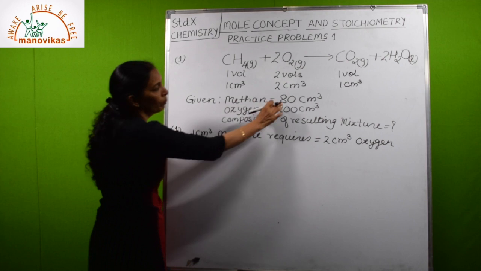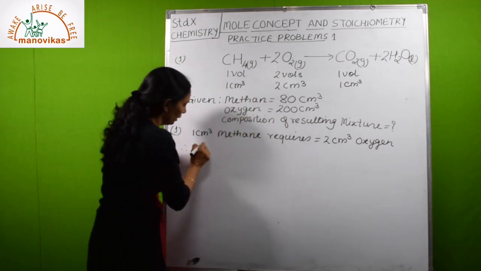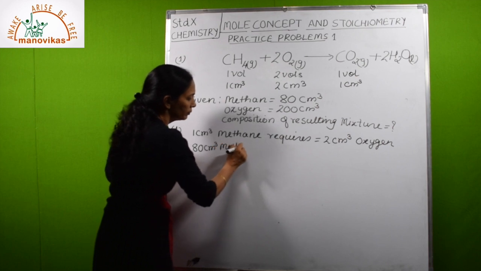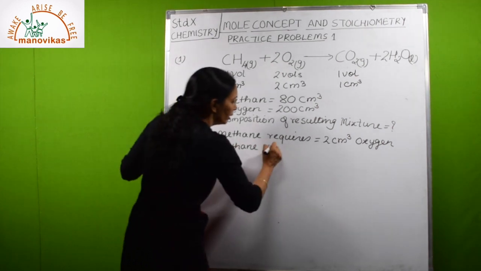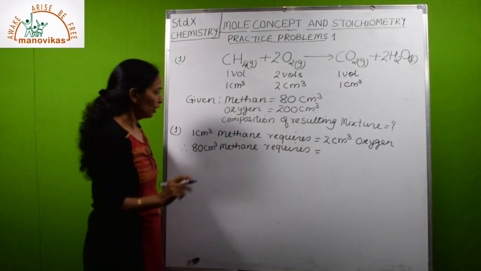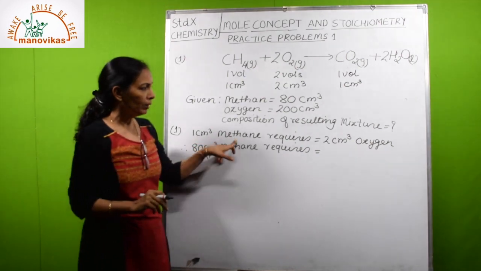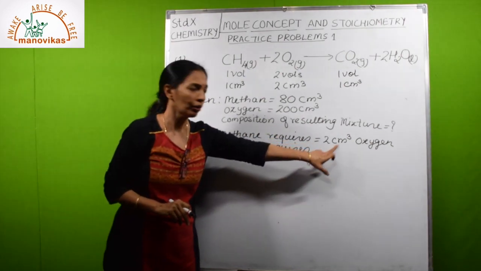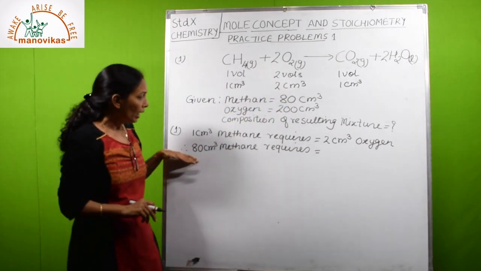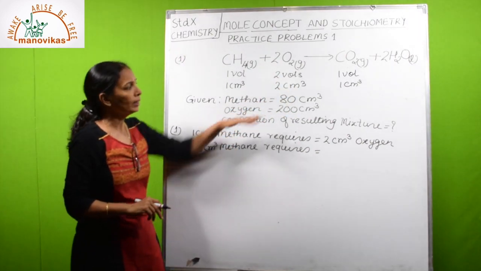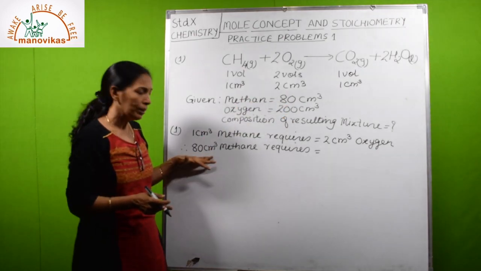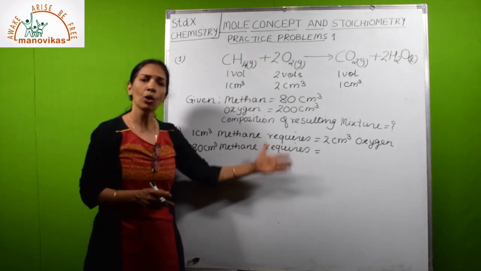Therefore, 80 cubic centimeter methane requires how much? Okay, see here. 1 cubic centimeter methane requires 2 cubic centimeter of oxygen. We got it from the standard balanced equation. Therefore, 80 cubic centimeters, since 80 is given. Otherwise, if any other number, that number you have to write. So, 80 cubic centimeter methane requires how much oxygen?